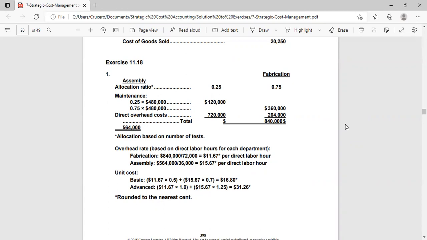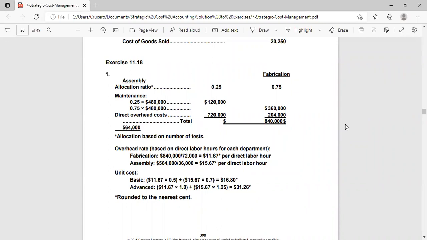So we have 15.67 times 0.7. So you have now 16.80. And the advanced, 11.67 times 1 plus 15.67 times 1.25.